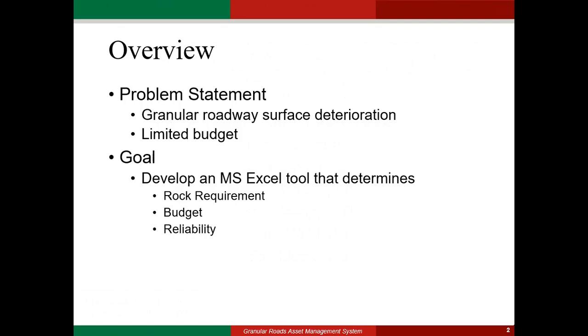The overall problem statement in Graham's project is that we don't have enough budget to replace the aggregate material that is being lost from granular roadway surface deterioration. Therefore, we developed a Microsoft Excel-based tool that can determine the annual rock requirement in terms of tons per mile.